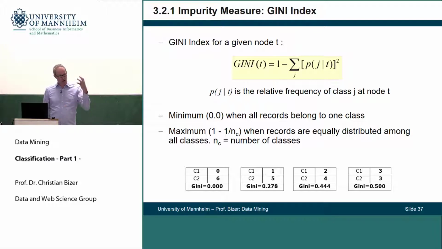For all resulting sub-buckets, we take the relative frequency of all classes, we square it, we sum up these values, and we subtract it from 1. On the next slide, we have an example of this calculation, but you already see the results here. If a bucket is extremely clean, we get a low Gini value of 0. If the bucket is completely inhomogeneous, we get a high Gini value of 0.5.